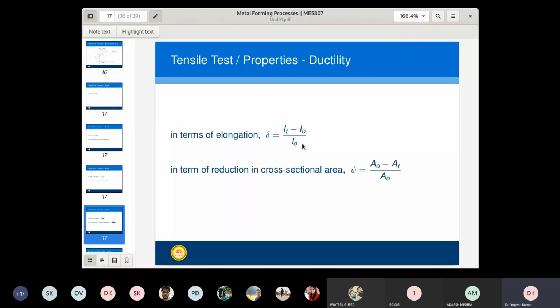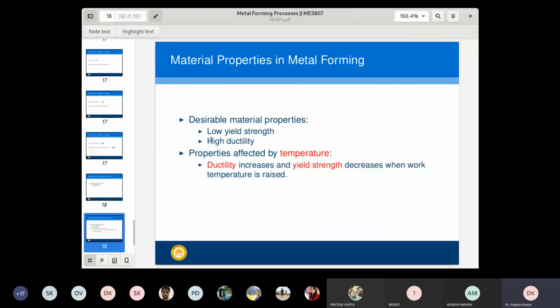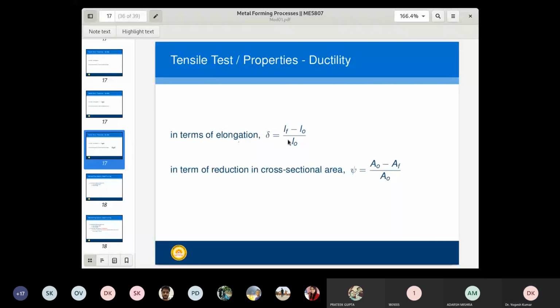Another desirable property is high ductility. The material should have high ductility. Ductility means that it should be easily enlargeable or elongable, because ductility is defined in terms of elongation or in terms of reduction in cross-sectional area.